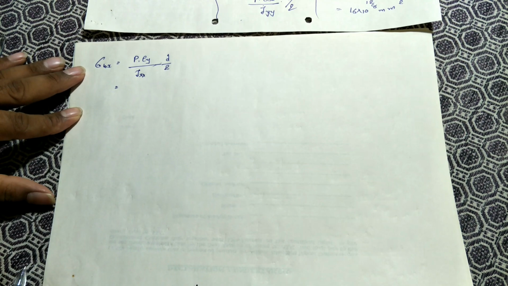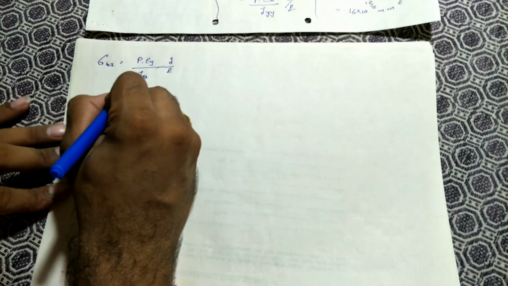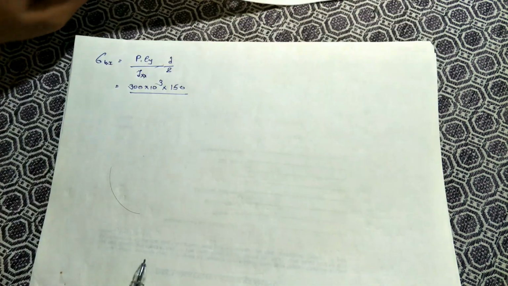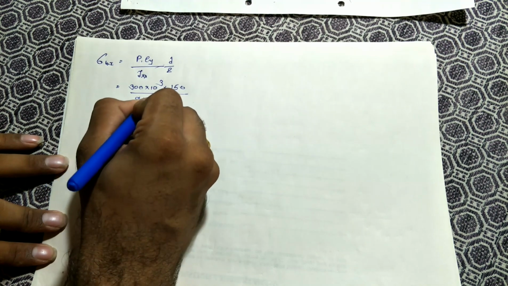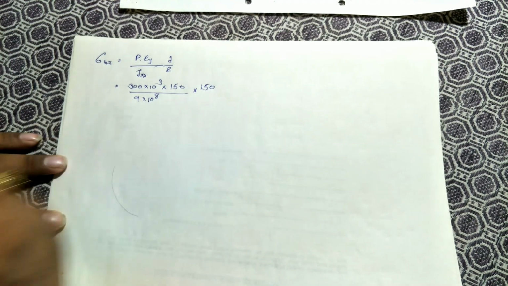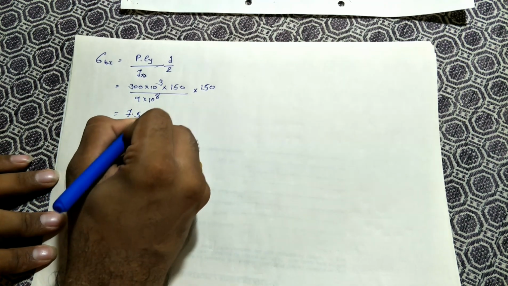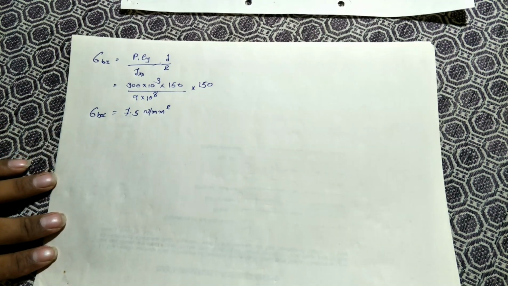P we have, that is 300 kilonewton, so 300 into 10 raised to 3, into Ey, which is 150, divided by Ixx, which we calculated as 9 into 10 raised to 8, into d by 2, that is 300 divided by 2, 150. So this answer will be 7.5 Newton per mm square. So this is sigma Bx.